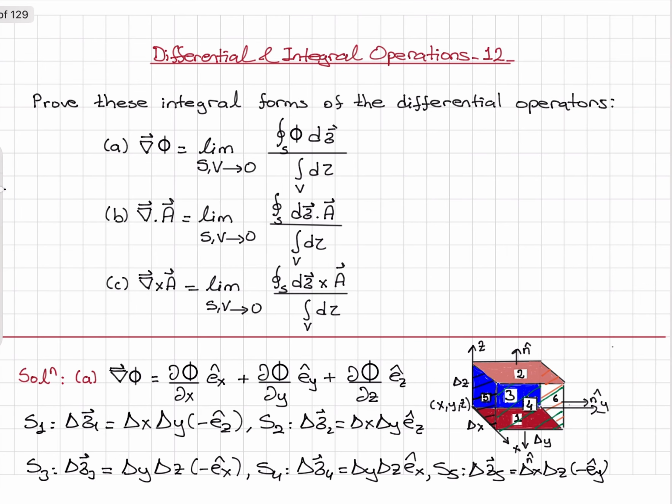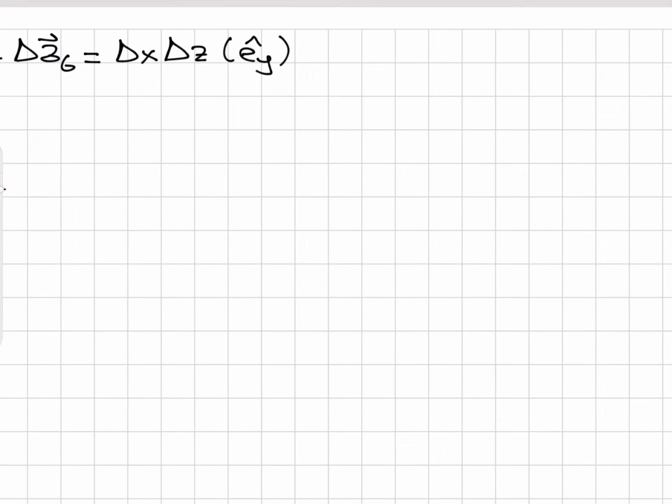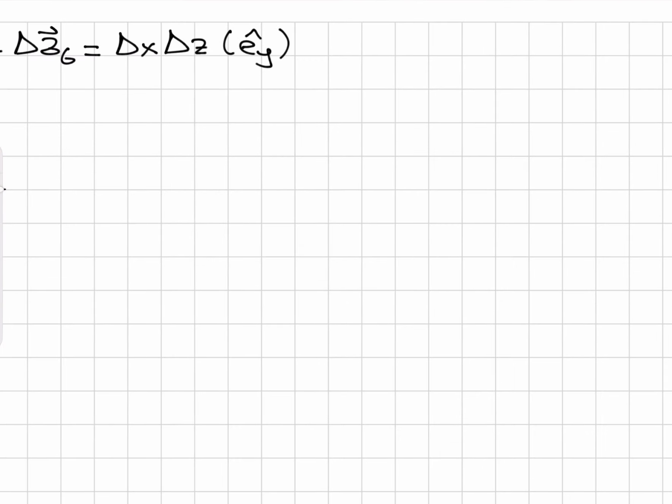So for surface 6, I have a delta sigma vector, which is delta x, delta z in the plus e_y hat direction. Now I'm ready to write this closed surface integral.